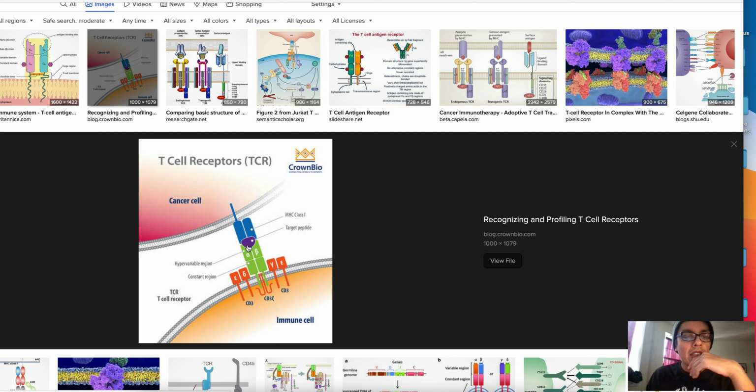Remember, on the B cells, we talked about the B cell receptors being antibodies, and at the tips of the B cell receptors there's something called somatic hypermutation, right? Somatic hypermutation occurs in this region here.